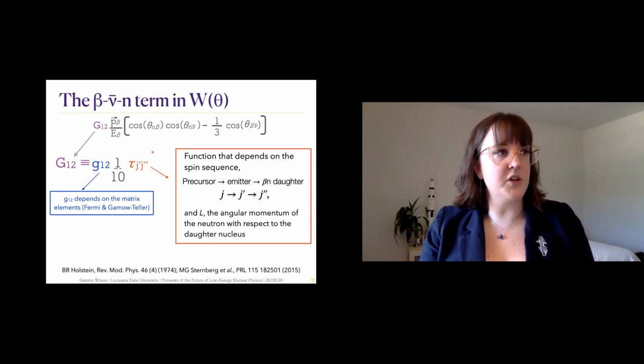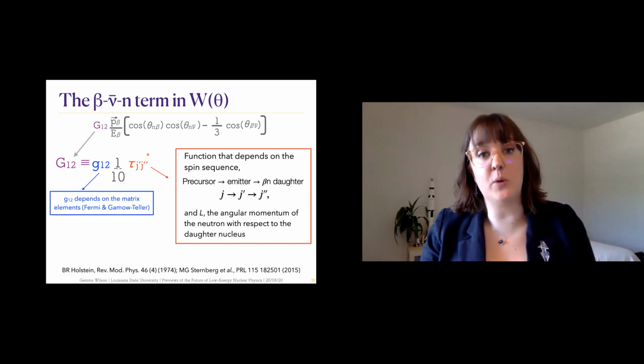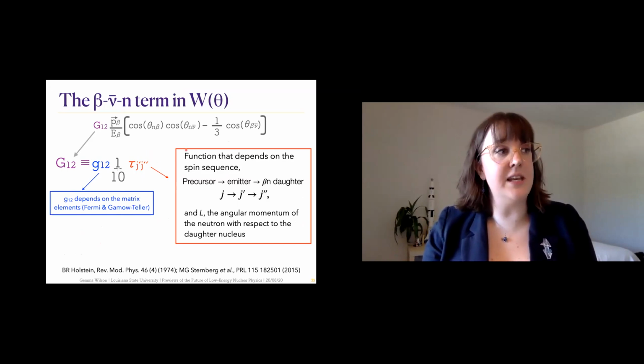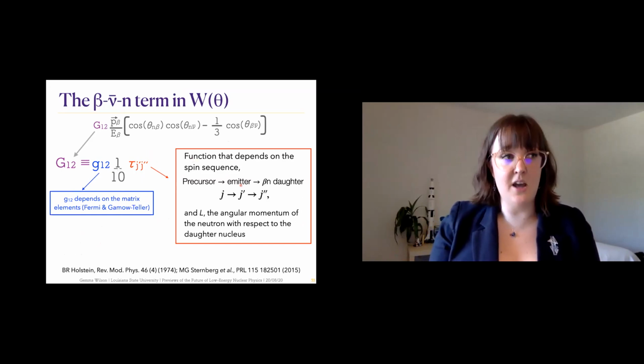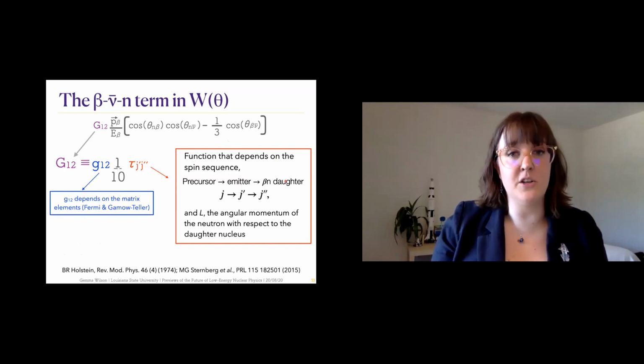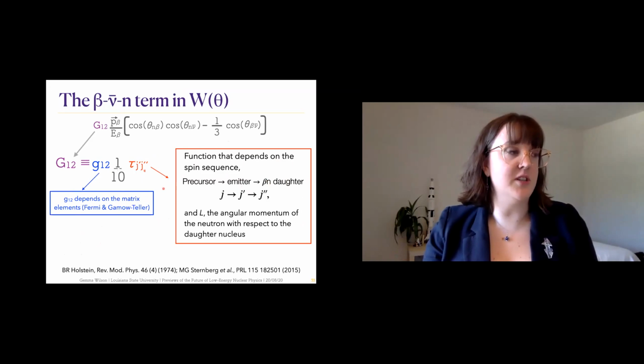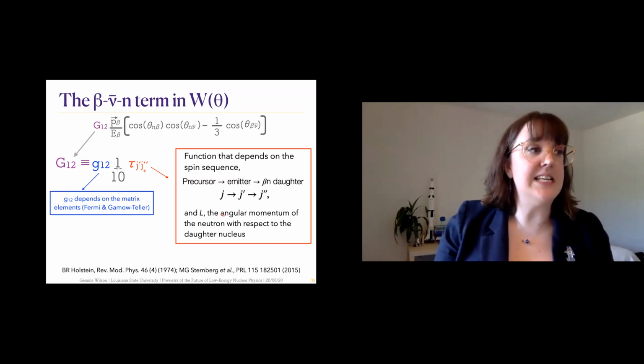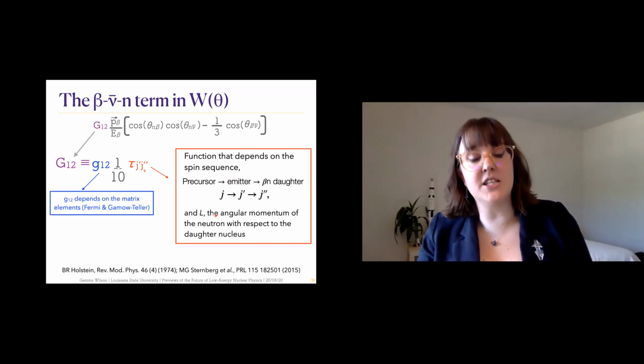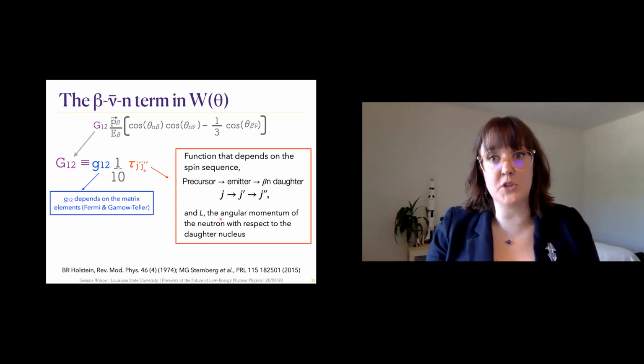And this tau function depends on the spin sequence that we go through. So when we beta-decay from precursor to emitter, and then we emit the neutron to the daughter, the states that are populated affect this function. What also affects it is L, which is the angular momentum of the neutron with respect to the daughter nucleus.